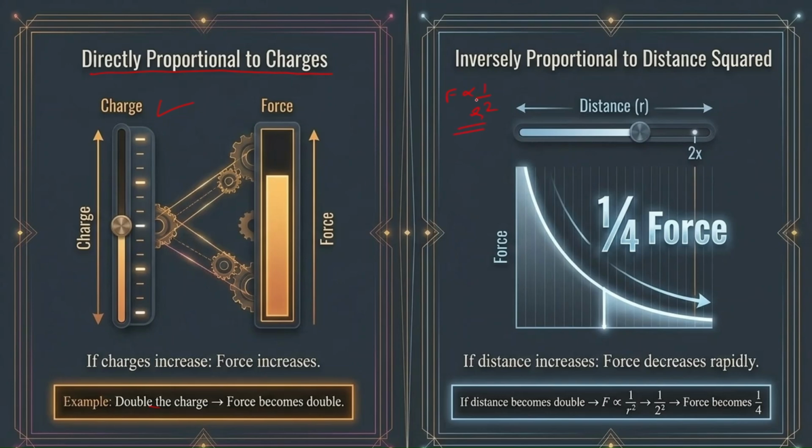What does it mean? If you double the distance between two charges, the force becomes 1/4 of the original one. This is a very important concept, and this is how the force is related to charges and distance.